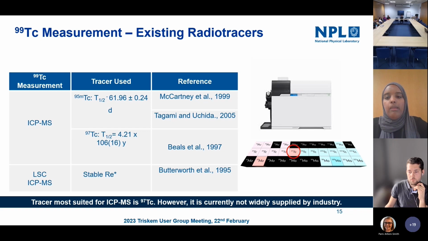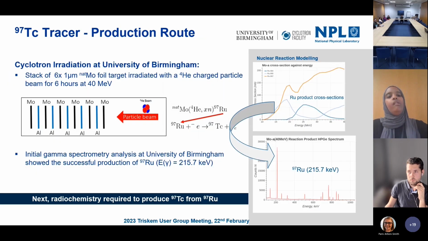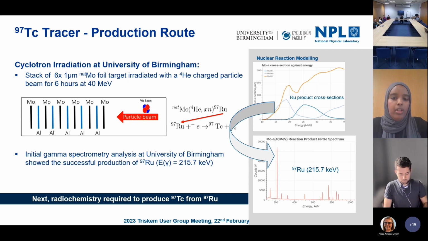To produce this material, you have to look at some sort of irradiation route. And this was work done as part of a PhD the last couple of years, which is based at the University of Birmingham, where there's a cyclotron facility. And this student did a lot of nice work looking at ideal irradiation conditions for the production of, in this case, the initial production of ruthenium-97, which decays down to Tech-97.